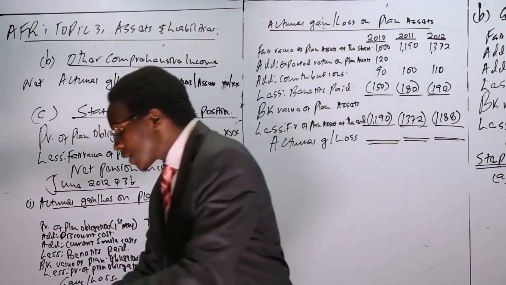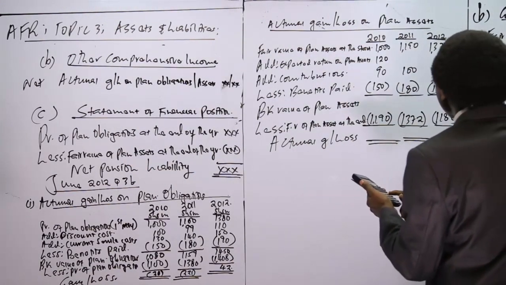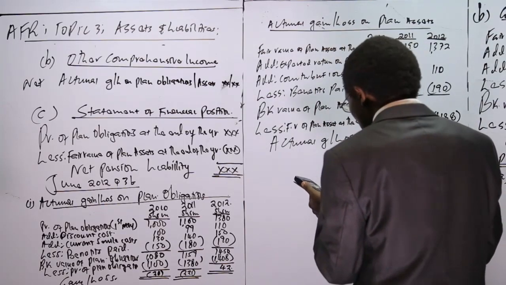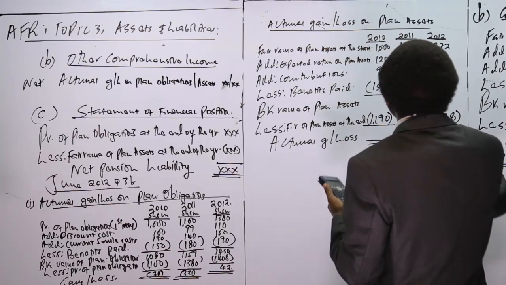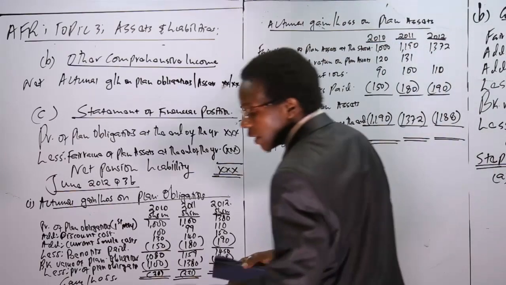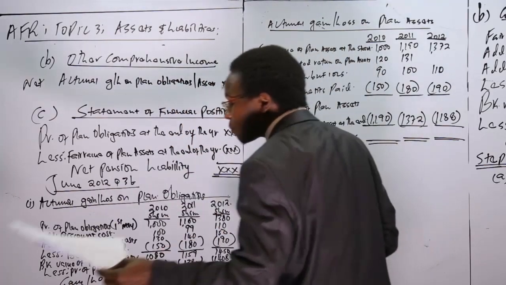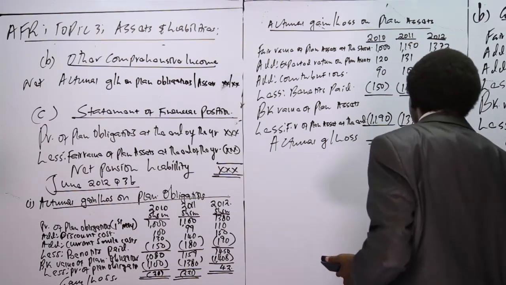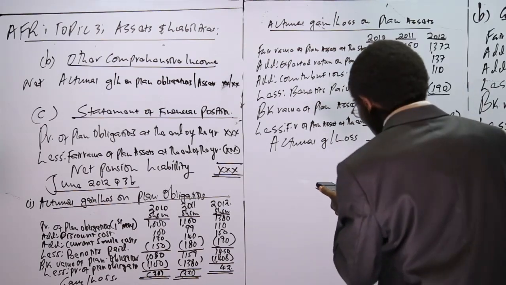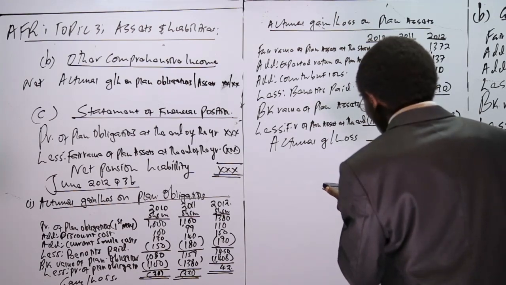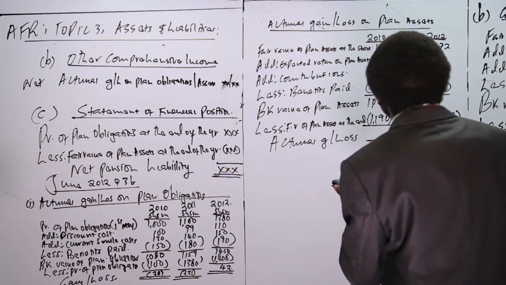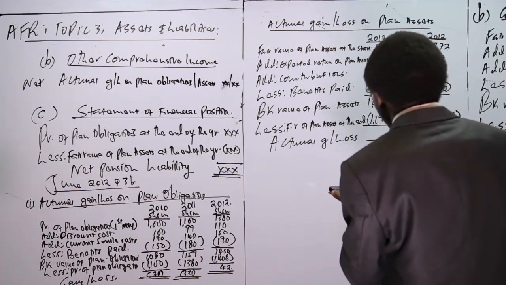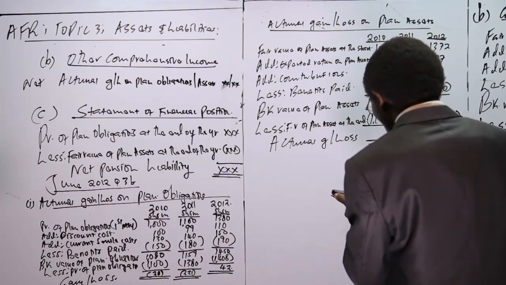Now I take my calculator and compute first the expected return, which was 11% on 1190. That comes to 131. Then 2012, it was 10%. So 10% on that is 137. Now we compute that. We have 1190 plus 131 plus 100 minus the 180.